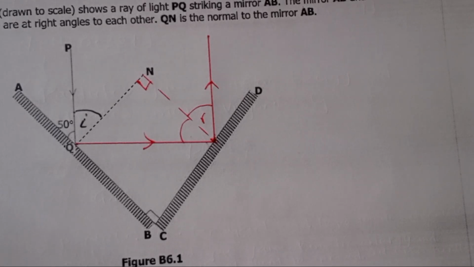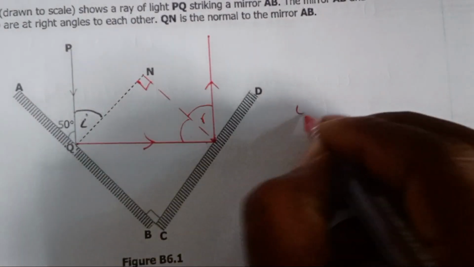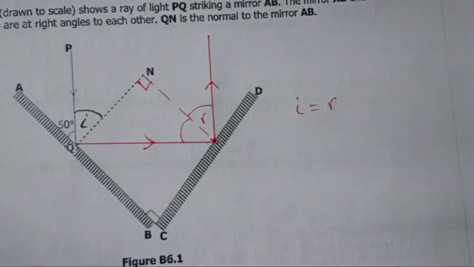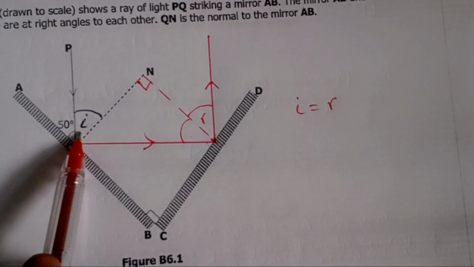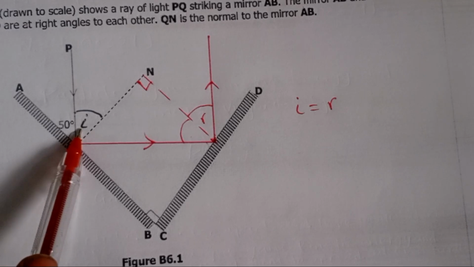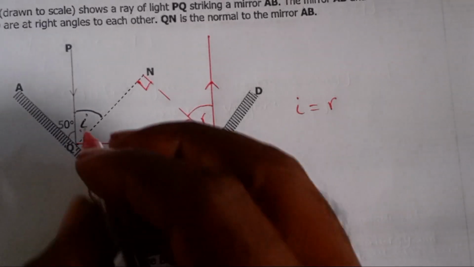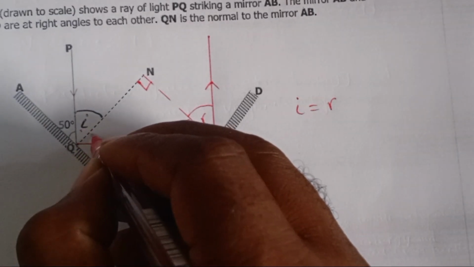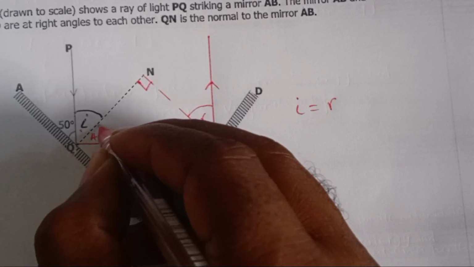Remember that the angle of incidence is equal to the angle of refraction. So that simply means that if this I is 40, this is 40, this is also 40 degrees.